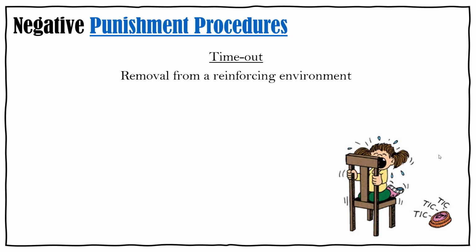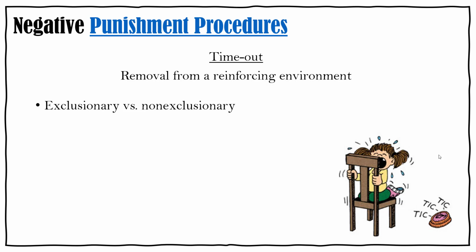So timeout is being removed from a reinforcing environment for a short period of time. You can have different types of timeout: exclusionary and non-exclusionary. Exclusionary typically means that the kid is taken to a different room, but it doesn't necessarily mean a different room.